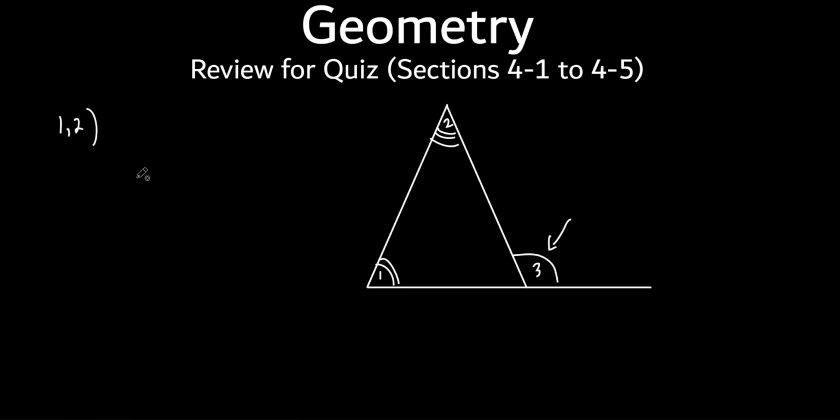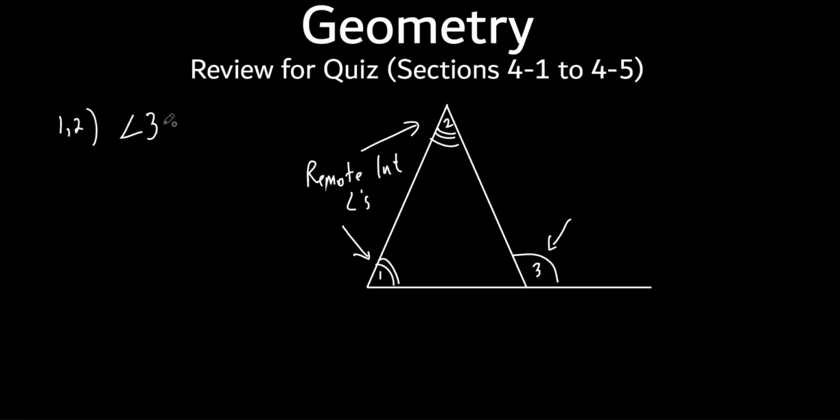So all I'm going to show you on the review is what the relationship is between the exterior angle and what do we call these? Remote interior angles. Very good. So what's true about it? If you use this as angle 3, angle 1, and angle 2, what little equation can we make out of this?